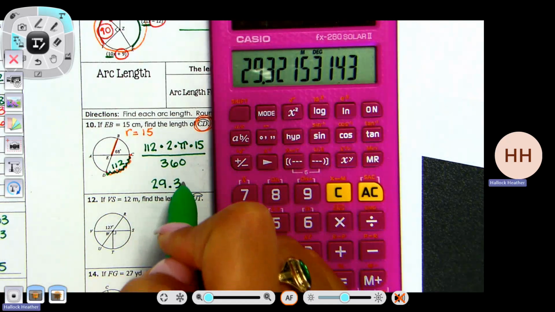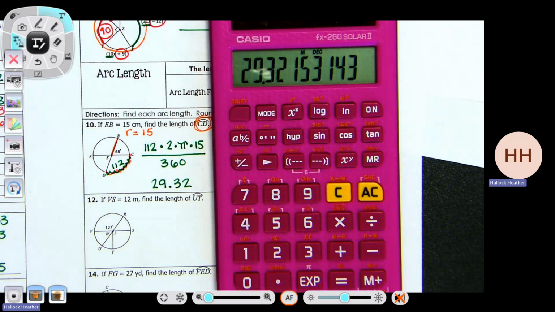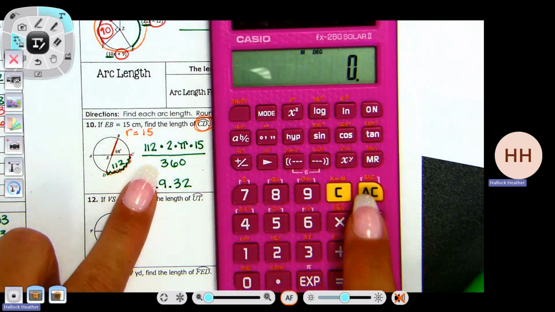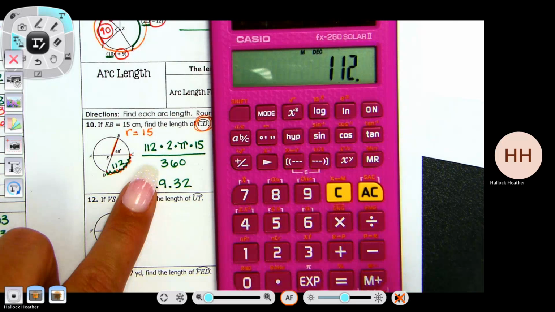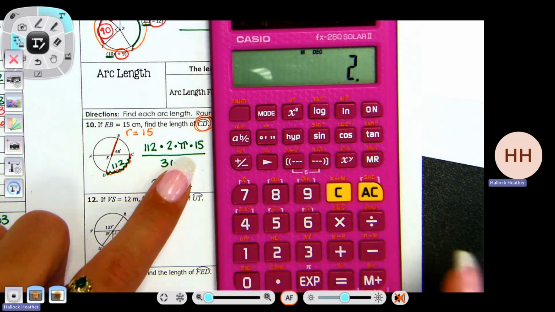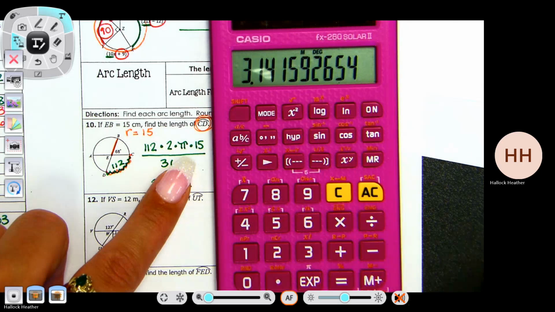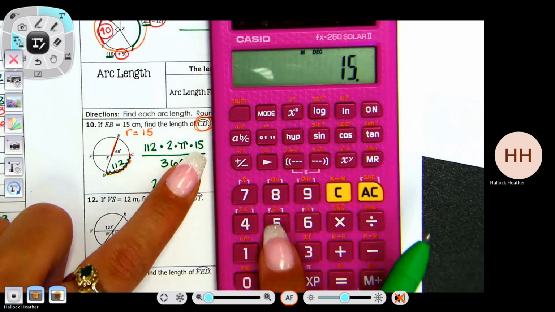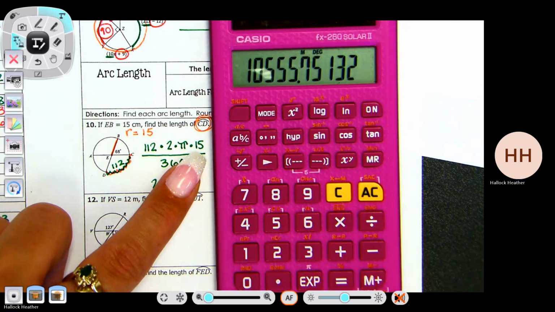Did you get like 10,000 something? There's 46.6. Okay, clear it out. Let's do it again. So 112 times 2 times pi times 15, press equal. You should get like 10,555.